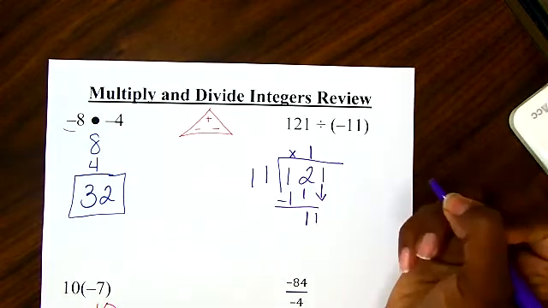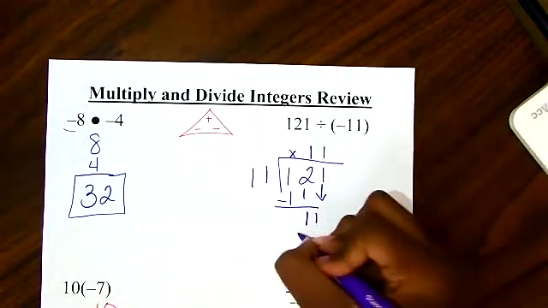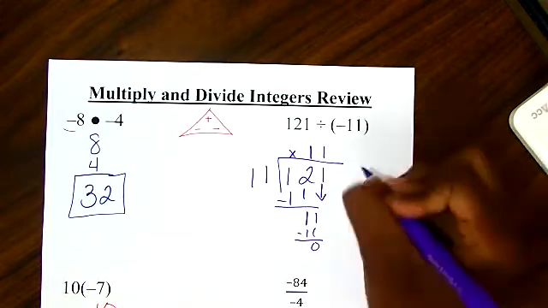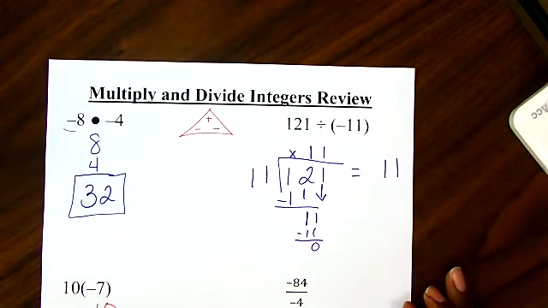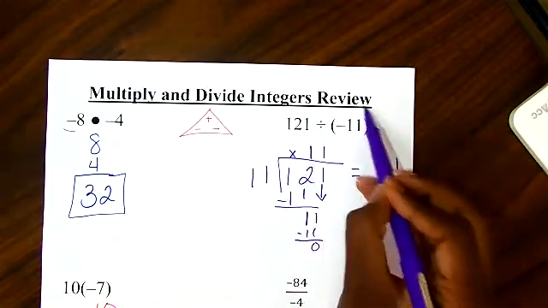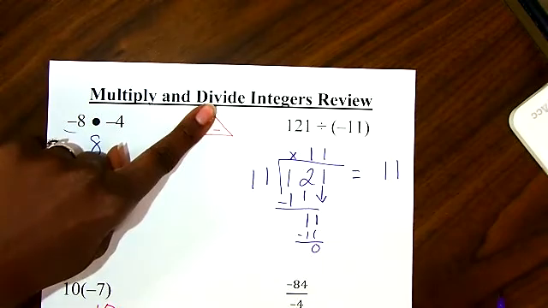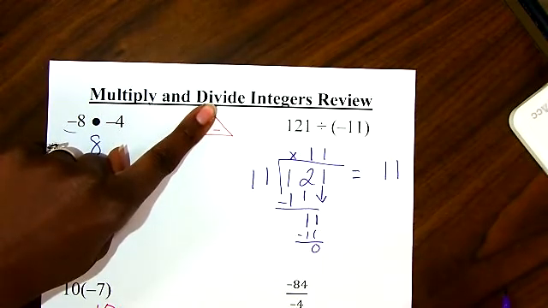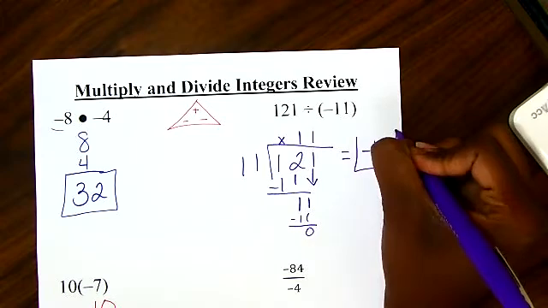Bring down our other 1. 11 will go into 11 one time with nothing left over. Okay, so we got 11 as an answer, but now we have to decide what symbol to use. One of my numbers was positive, the other was negative. Positive and a negative, so that means my answer will be negative. Good job. So I'm going to go ahead and box that in.